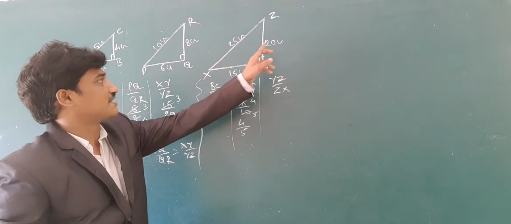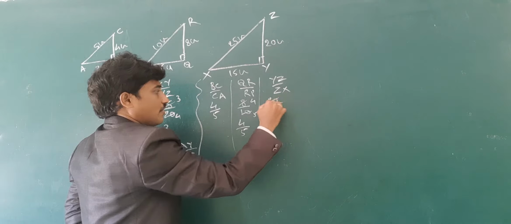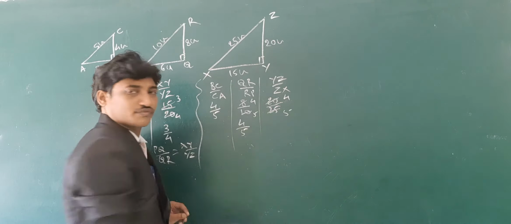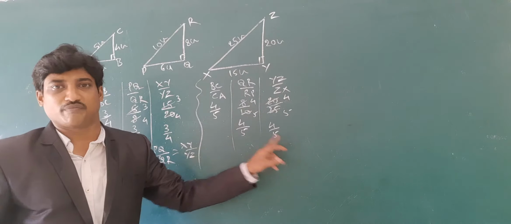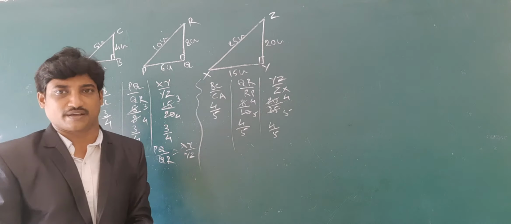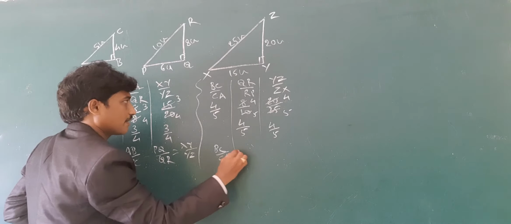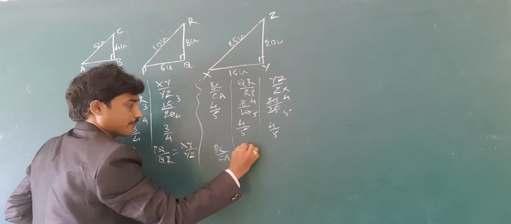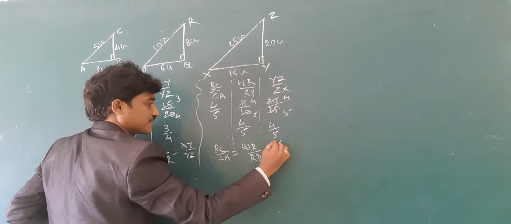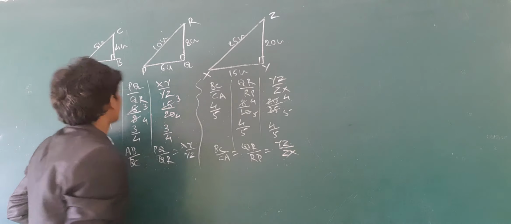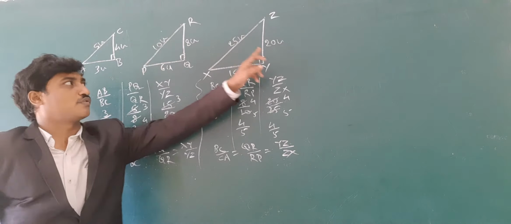YZ by ZX, that is 20 units by 25 units, 20 by 25. 4 5s are 20, 5 5s are 25, 4 by 5. This ratio is constant here. So BC by CA equal to QR by RP equal to YZ by ZX.